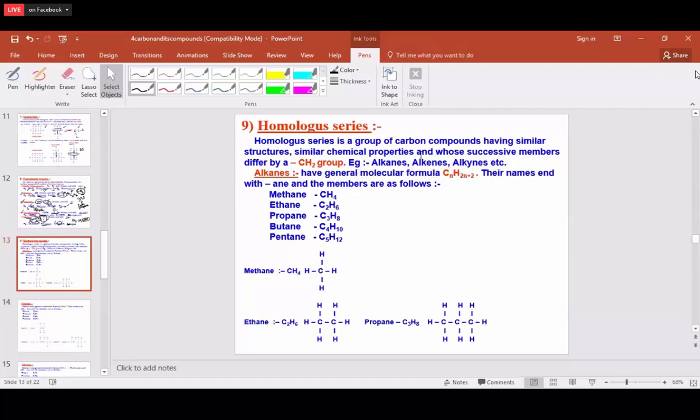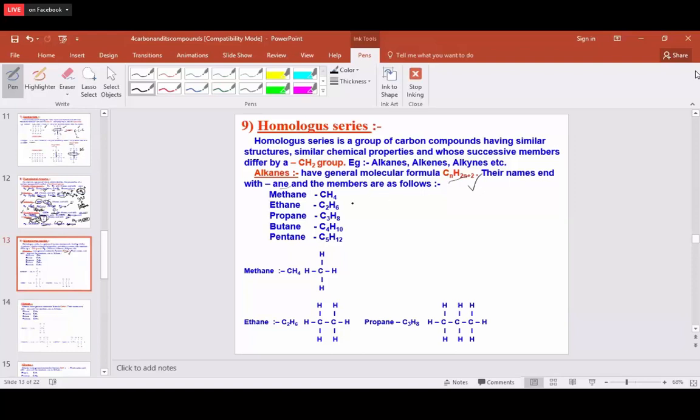Example, alkanes, alkenes, alkynes. So for example, the first we are going to see about the alkanes. The alkanes are having the formula CnH2n+2. So this is the general formula for the alkanes. And we know that "ane" indicates that it's an alkane family.